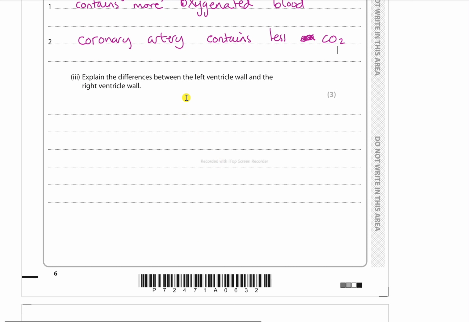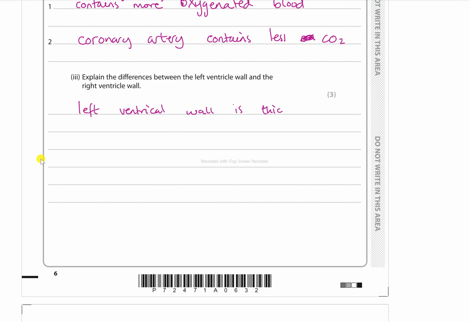Okay, explain the difference between the left ventricle and the right ventricle wall. Okay, that's to do with pressure. So the left ventricle wall is, what do you say?